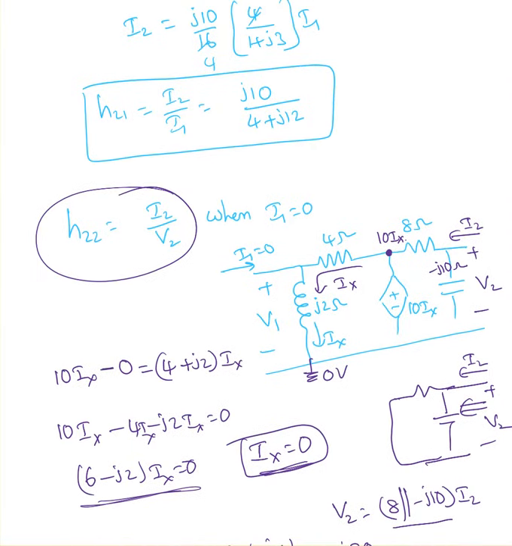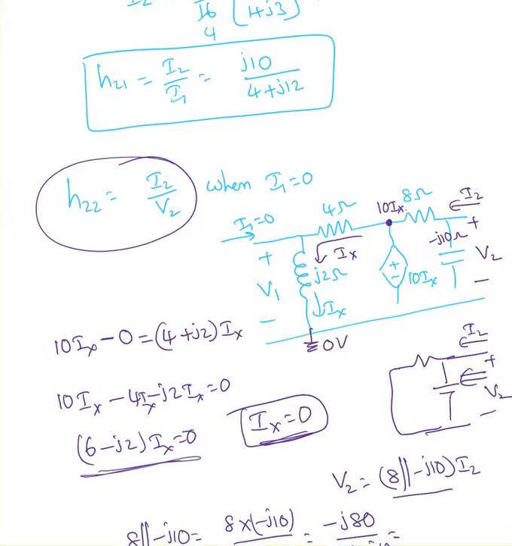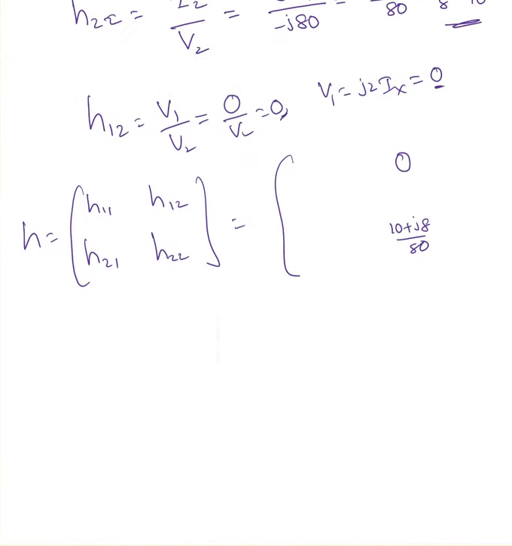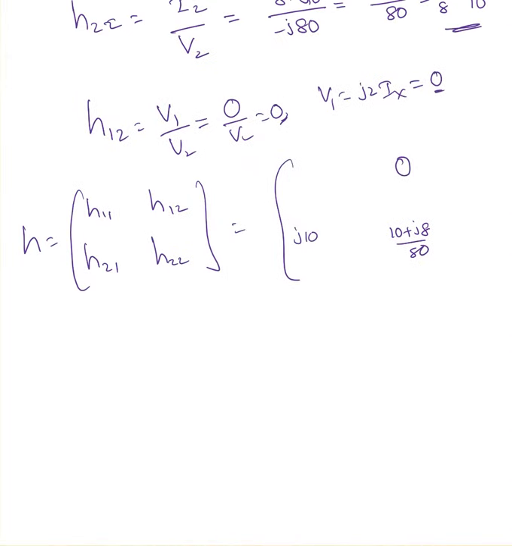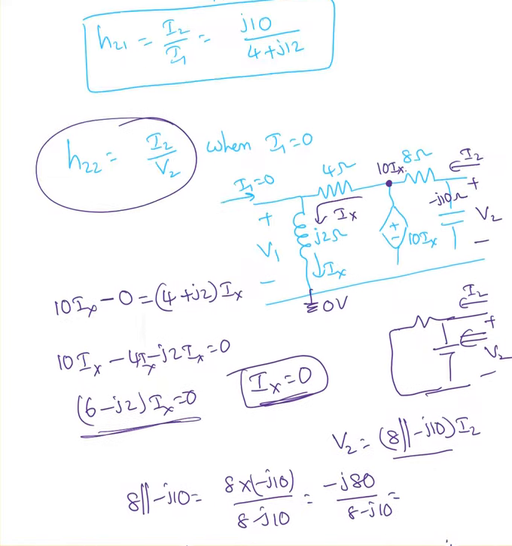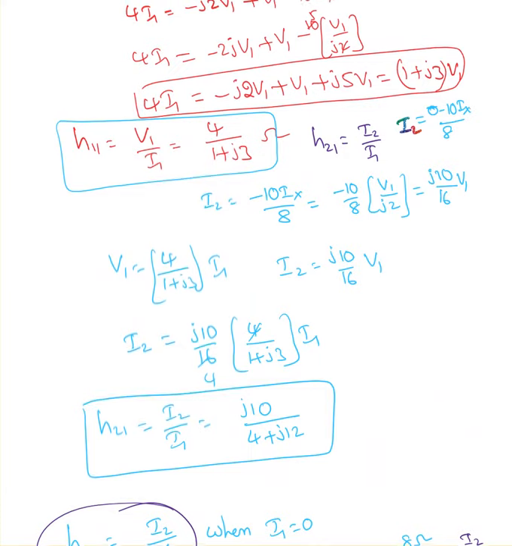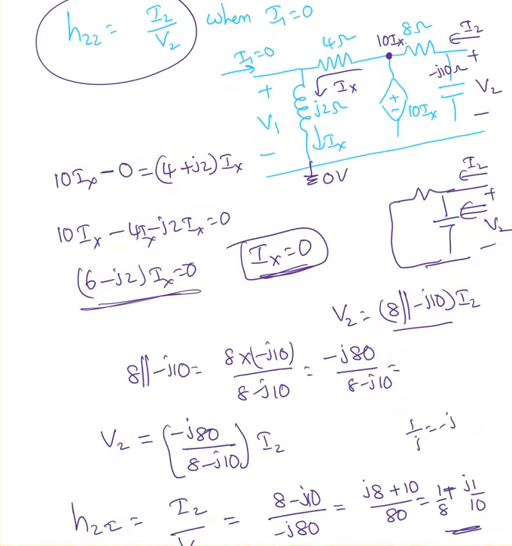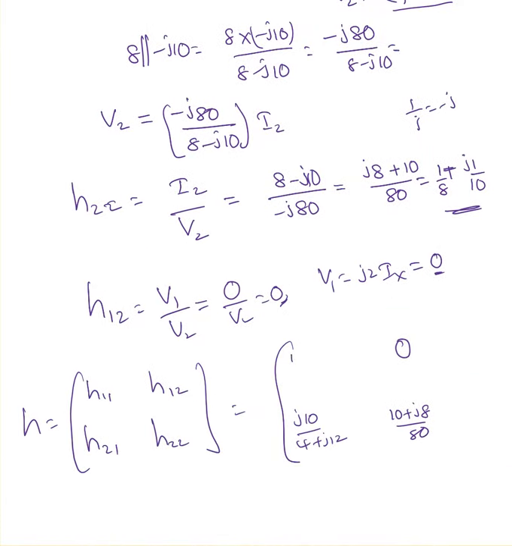Same way, H21 equal to j10 over 4 plus j12, and H11 we have 4 over 1 plus j3. Okay, these are my H parameters.